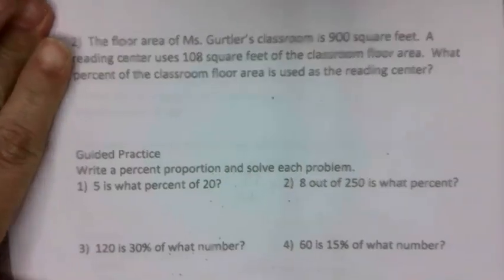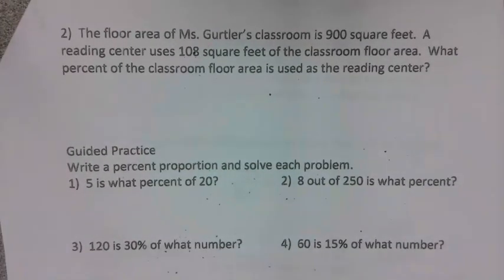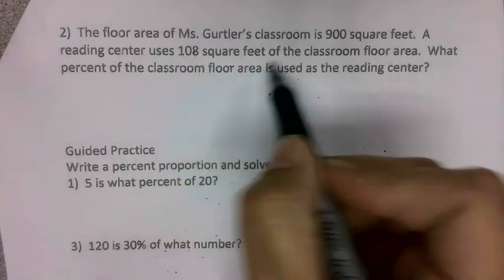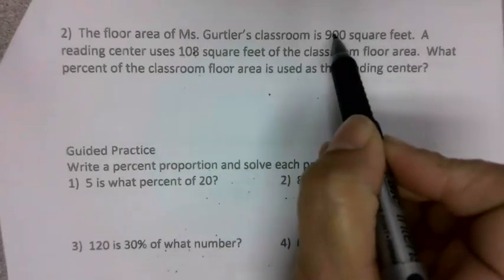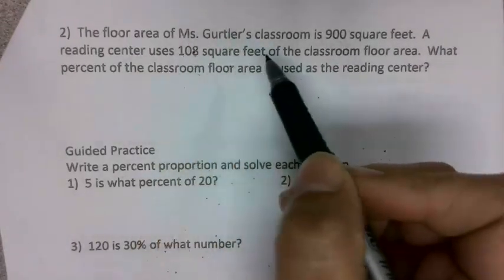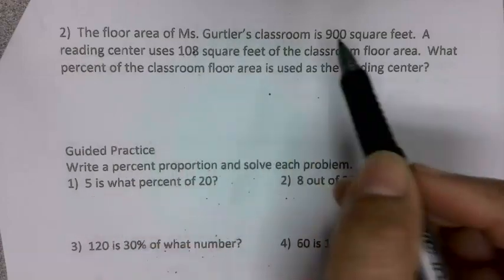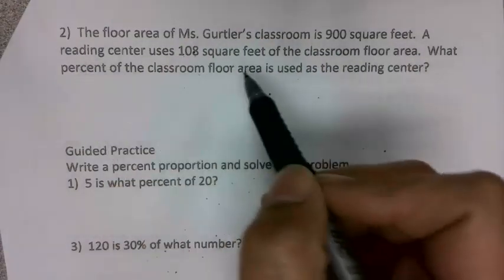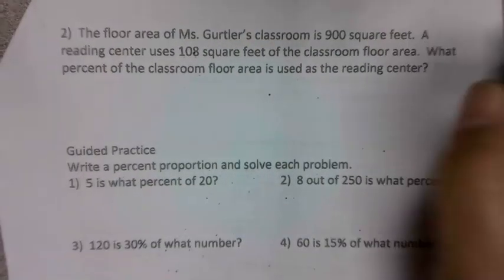All right, the floor area in Miss Gertler's room is 900 square feet. A reading center uses 108 square feet. Okay, total, part, right? The whole classroom isn't the reading center, so that's the part. What percent of the classroom floor area is used in the reading center?